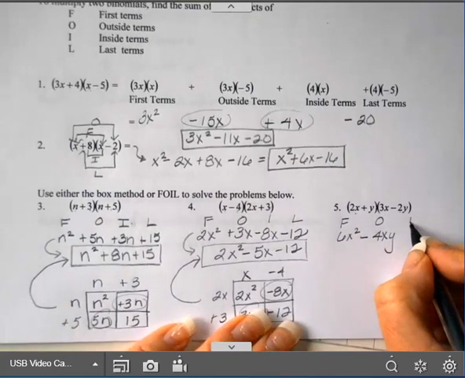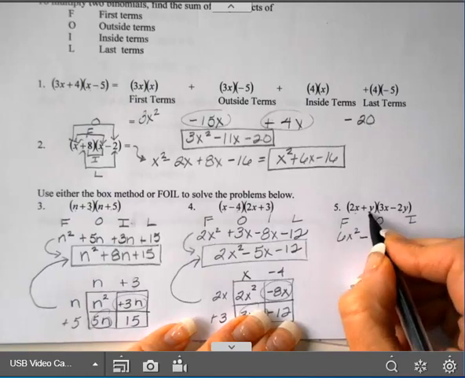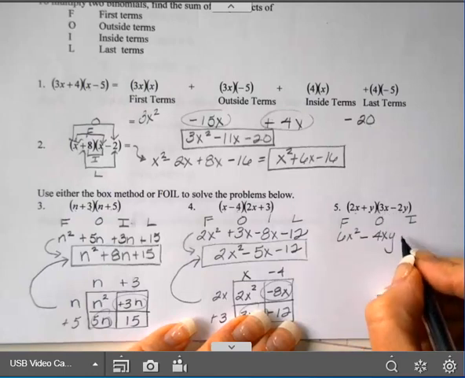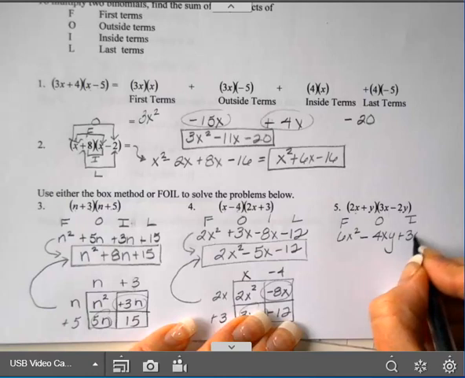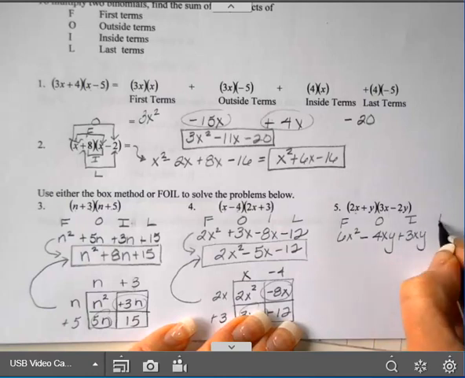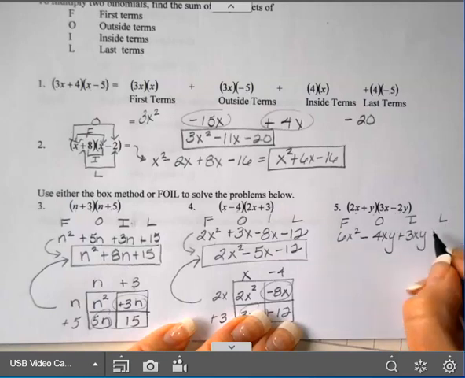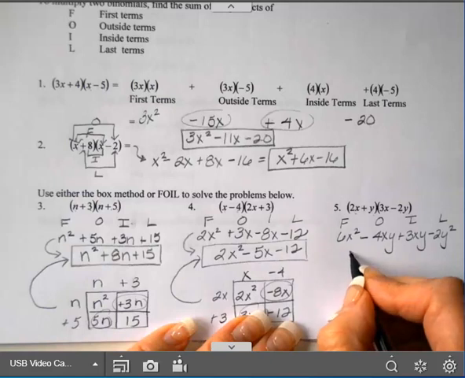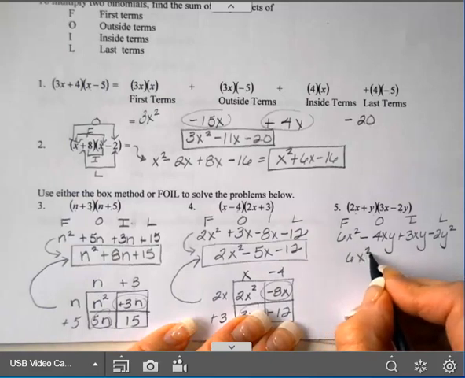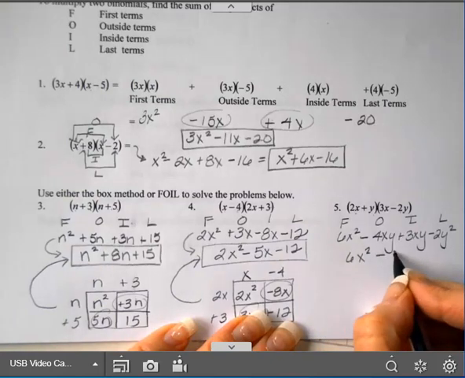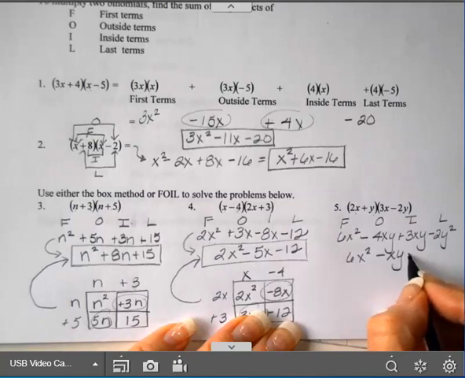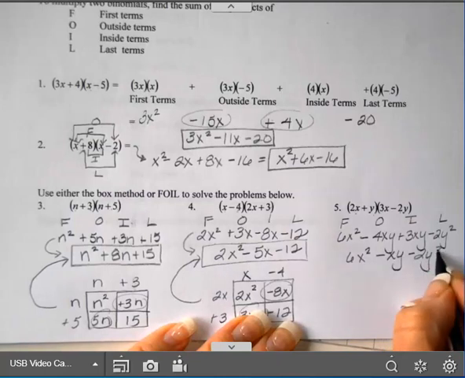Inside, I'll have a plus y times a 3x, so that's going to give me plus 3xy. And last, y times negative 2y gives me negative 2y squared. Collecting my like terms, I'll have 6x squared minus 1xy minus 2y squared.